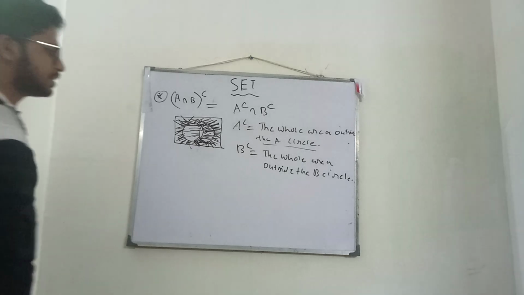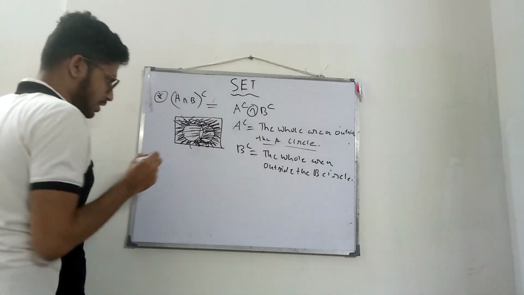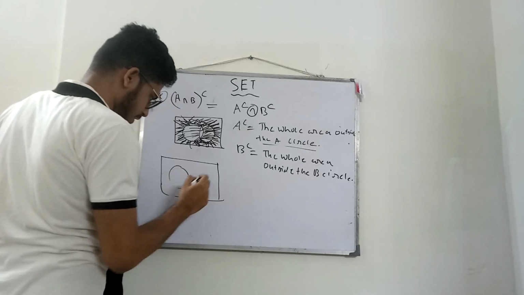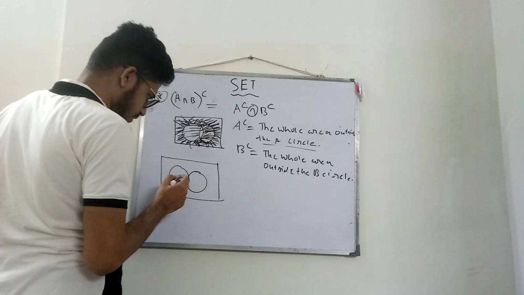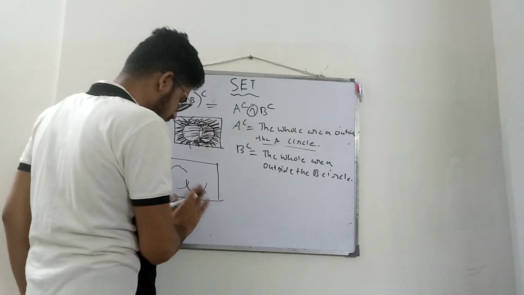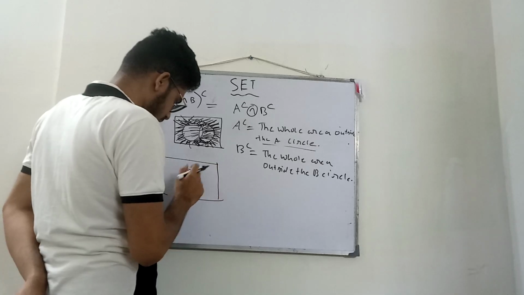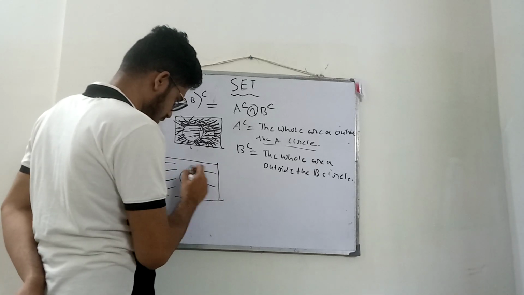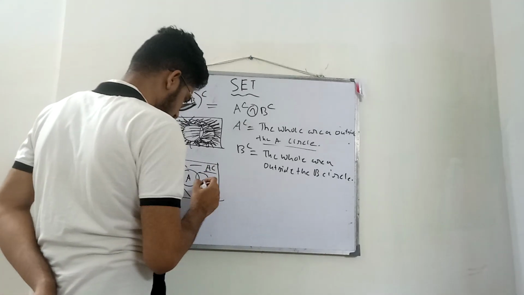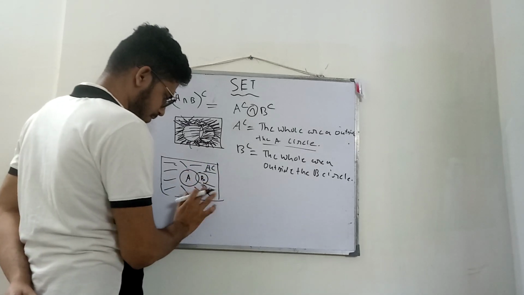And this intersection actually denotes, drawing it again, suppose here is circle A and this is circle B. The outside area of circle A we call A complement, and the outside area of circle B we call B complement.